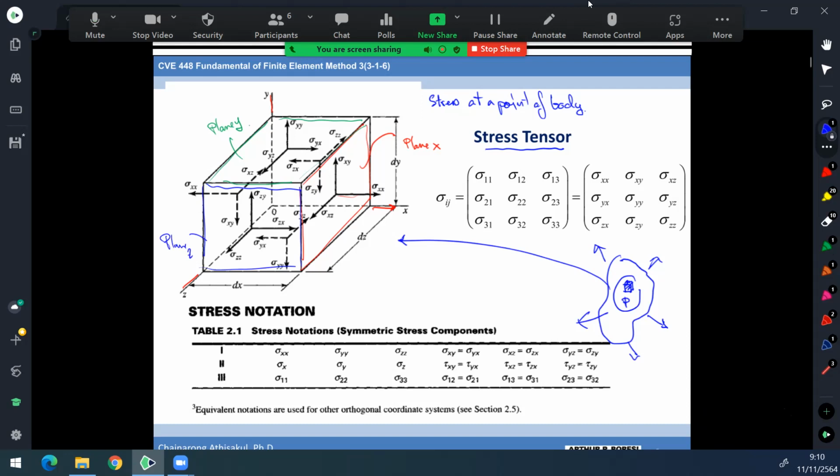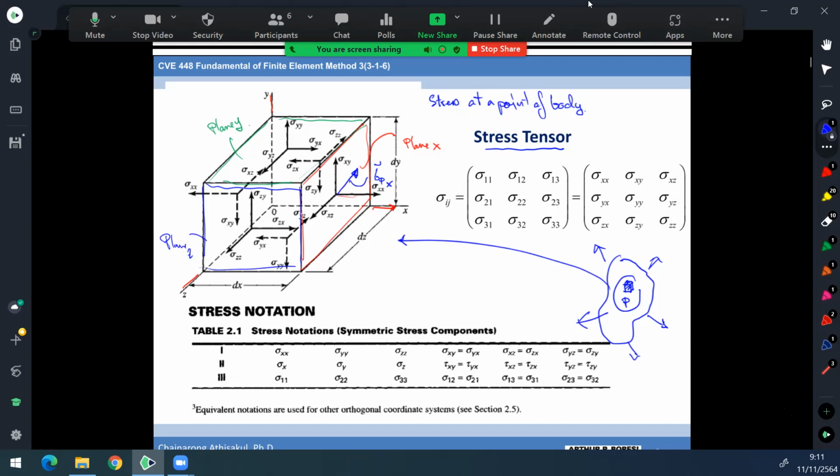Okay, each plane is composed of a stress vector, a stress vector acting on that plane. We call the stress vector, like the traction vector Px, the one acting along plane x.